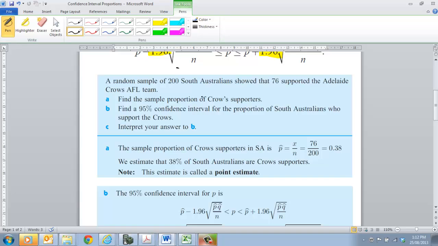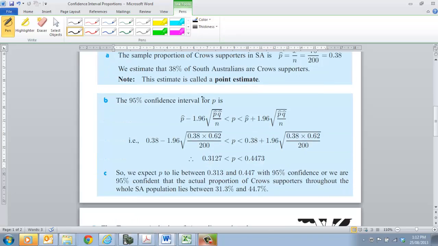Then we want to find the 95% confidence interval for the proportion of South Australians who support the Crows. So all we do is we put that information into our formula. Our 0.38 is our sample proportion, and if my p is equal to 0.38, then my q, or my 1 take p, is equal to 0.62, and n is the number of people we're surveying.